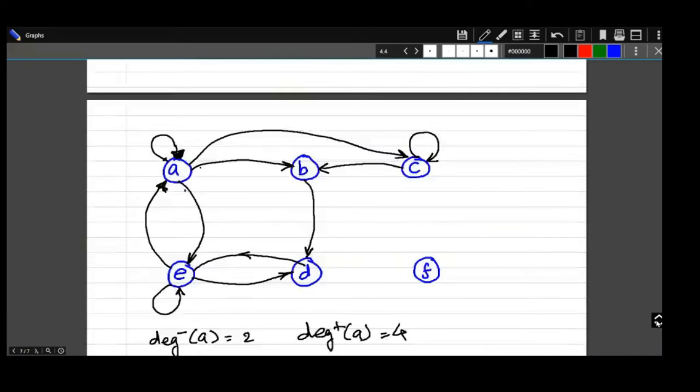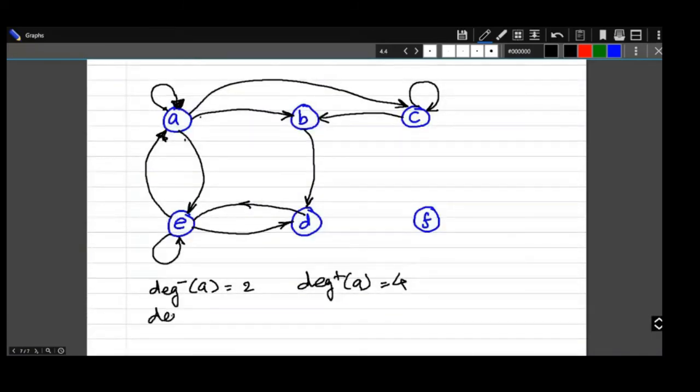Okay, and like that, I will write it for the in degree of B. The in degree of B is 2, and the out degree of B is 1.